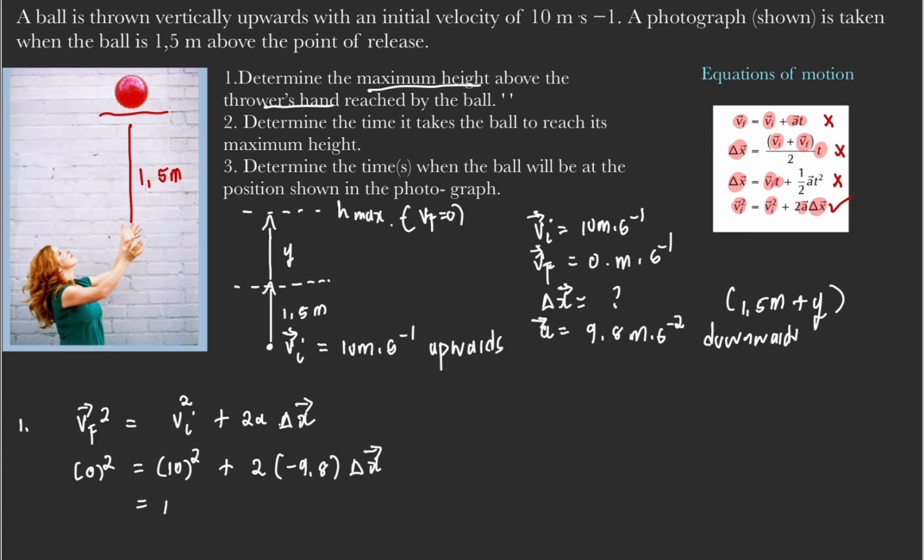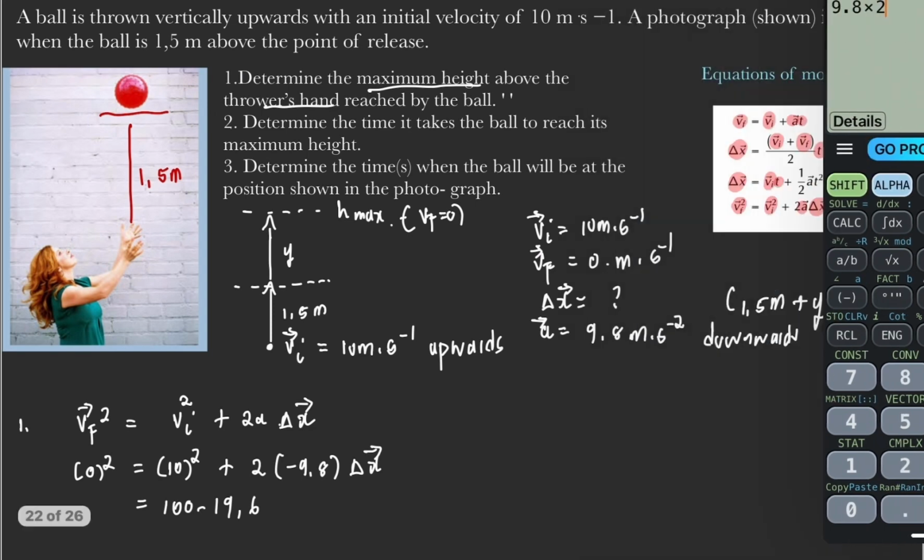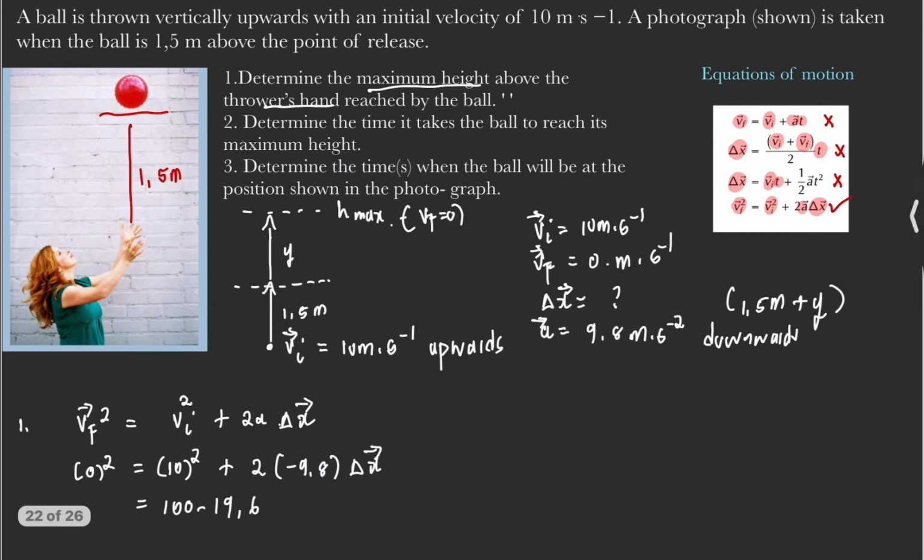So 10 squared is equal to 100, and then 2 multiplied by minus 9.8 is minus 19.6. Just to confirm, 9.8 multiplied by 2 is minus 19.6. That's correct. Times change in x, which is equal to 0.